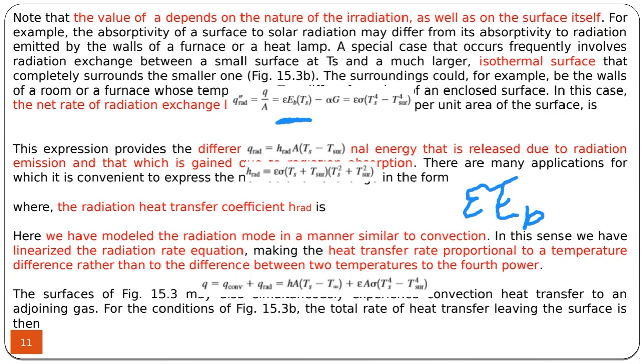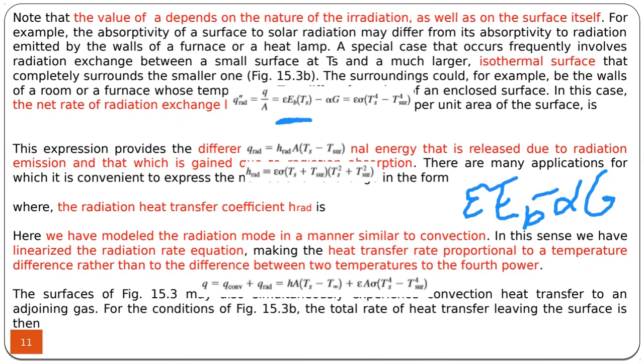So the net radiation coming and leaving a surface is epsilon EB, which is the emission, minus alpha G, which is the absorption. So some energy is absorbed while some energy leaves the surface.